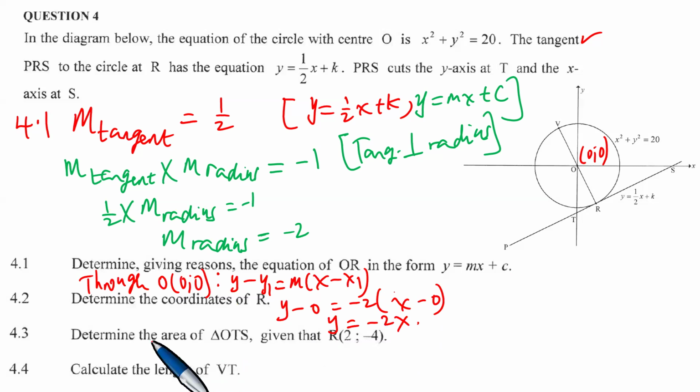So the equation of OR in that form is as given, minus 2x.